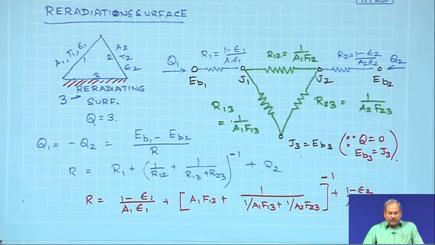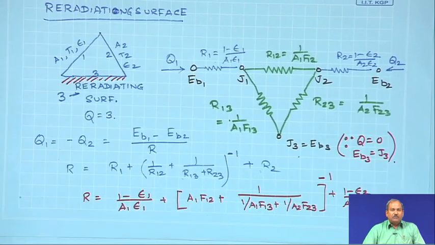So, we have covered a number of interesting and important observations in this class. Starting with the concept of radiosity and the concept of surface resistance to radiation, we went ahead and found out what is the resistance to heat transfer between 2 surfaces, which we found to be equal to 1 by A1 F12, or 1 by AiFij.